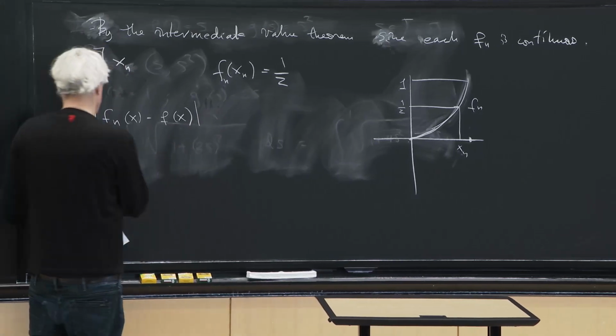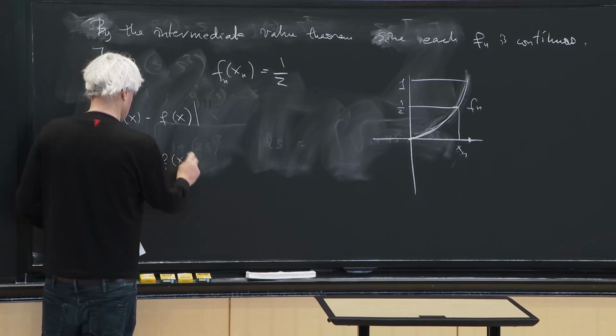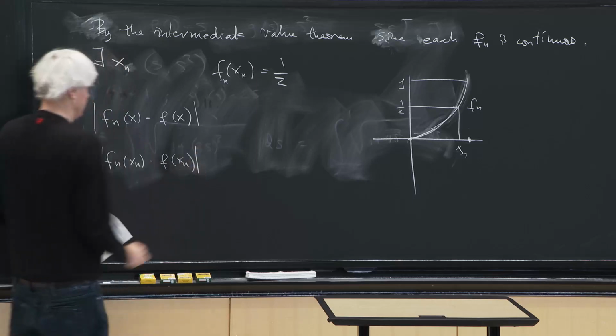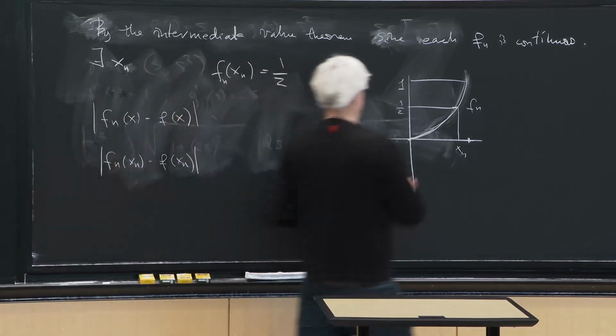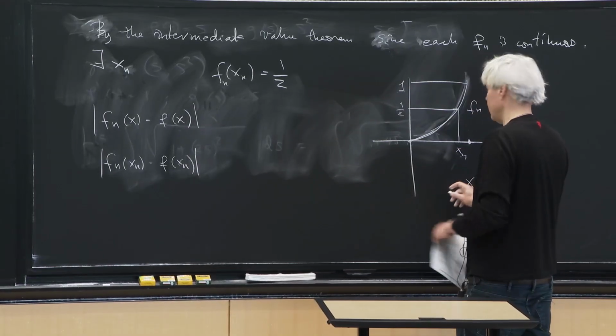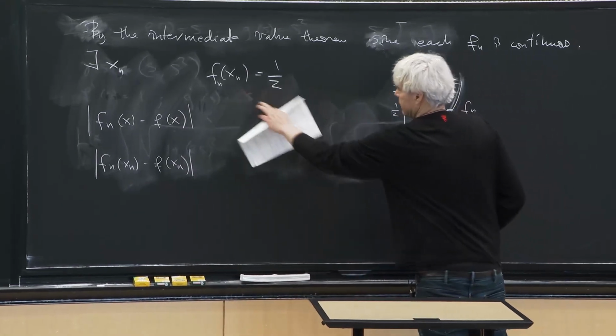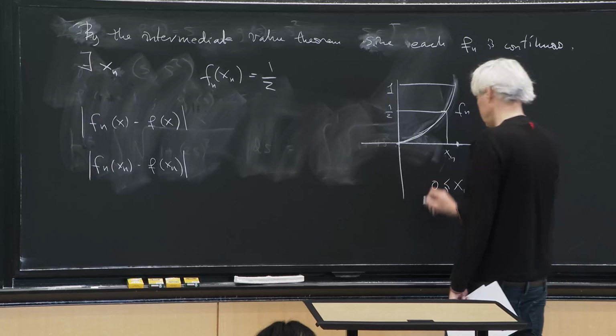But if you're just looking at this point xn, where the value of fn is a half, it's not 1, so it lies strictly between 0 and 1.